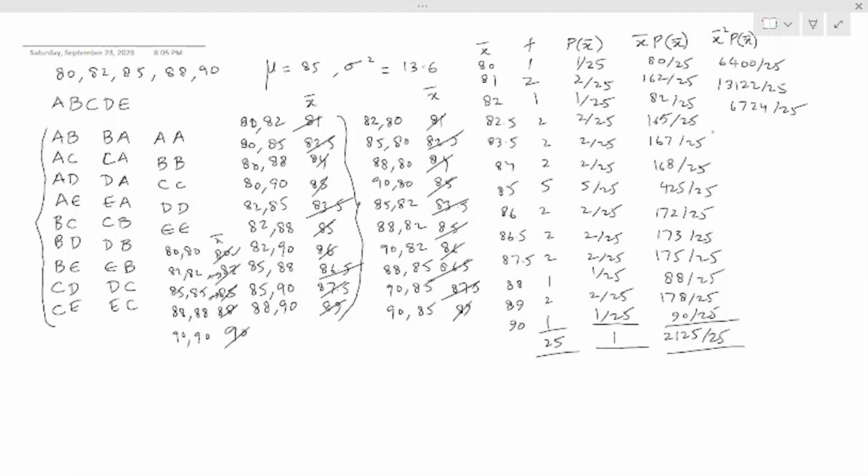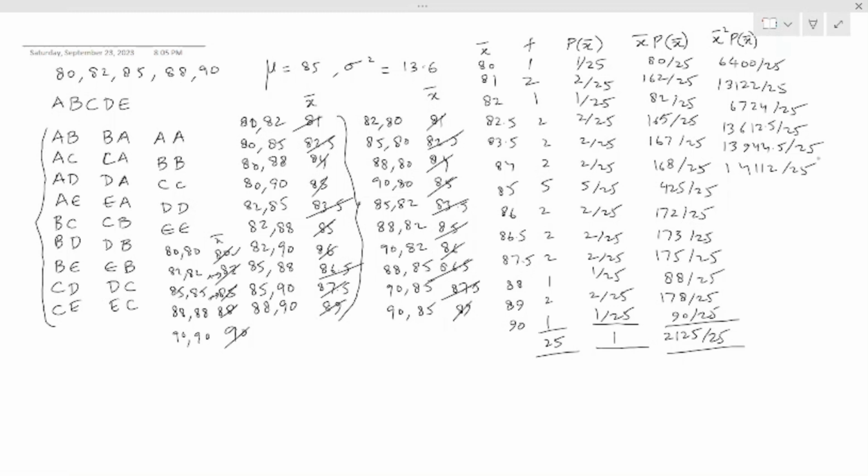Then 165 times 82.5 gives 13612.5 on 25. Then we have 167 times 83.5, that's 13944.5 on 25. Then we have 168 times 84, that's 14112 on 25.